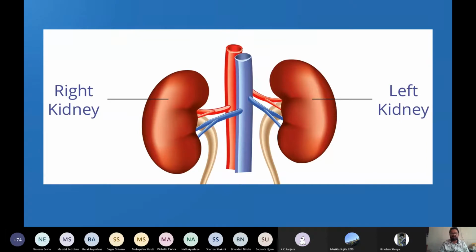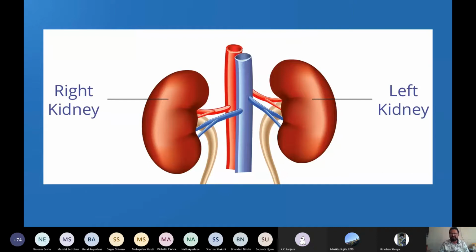So it will get blood directly from the central veins and arteries, and then it will detect the BP. If it detects that the BP is too low for it to filter, then it will try to increase the BP. It has a certain mechanism for that. I'll tell you in a minute what is the mechanism for increasing and decreasing BP that the kidney performs.